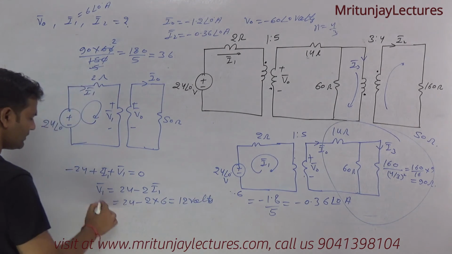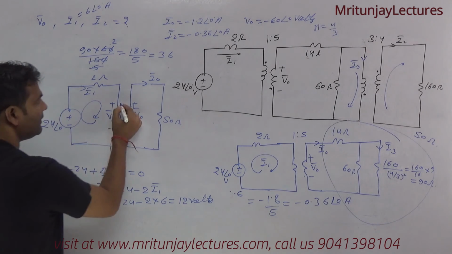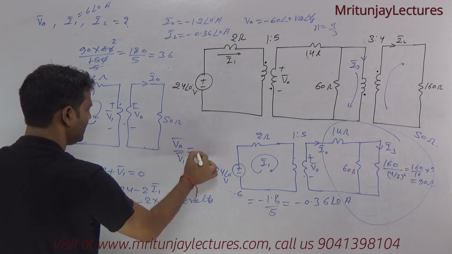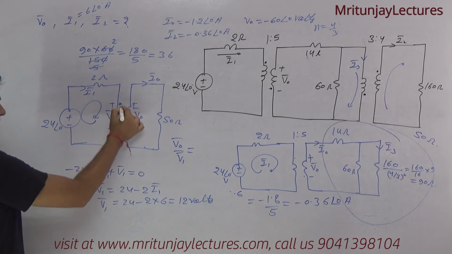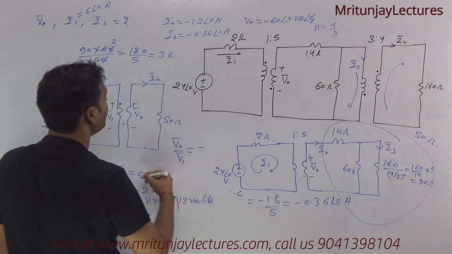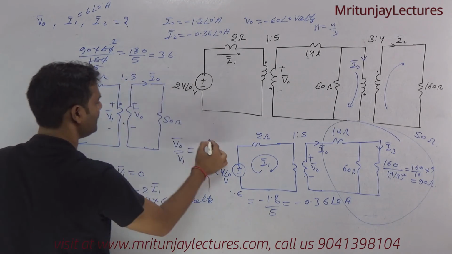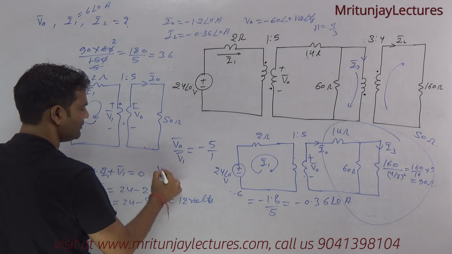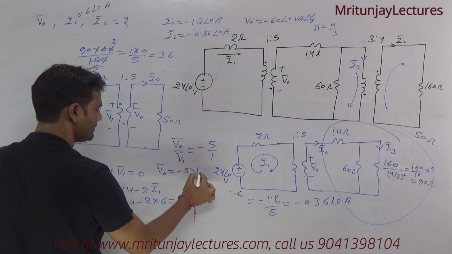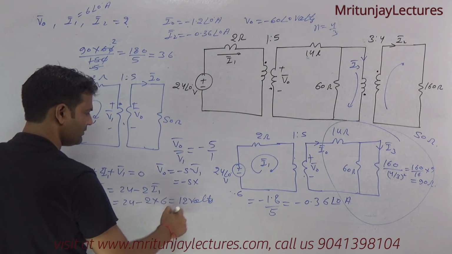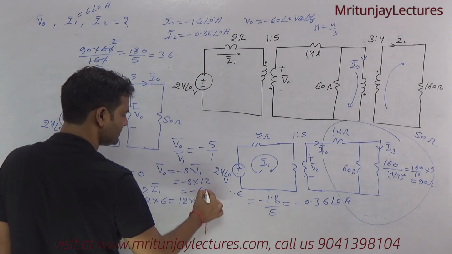Now the ratio V0 divided by V1: the dot polarities are in different directions, that's why it is negative, and 5 by 1. So V0 is equal to minus 5 into V1, and V1 is 12. So finally we got 60 volt magnitude.